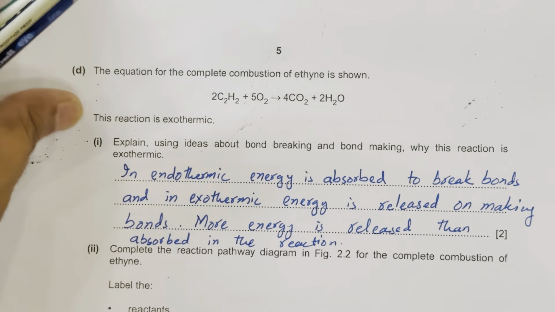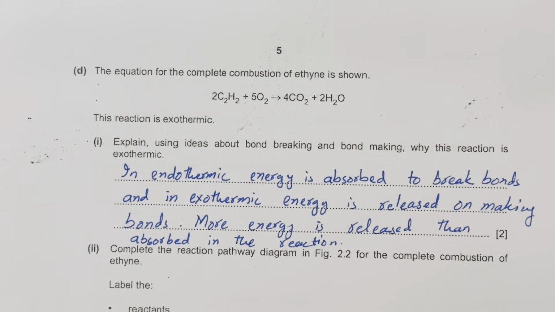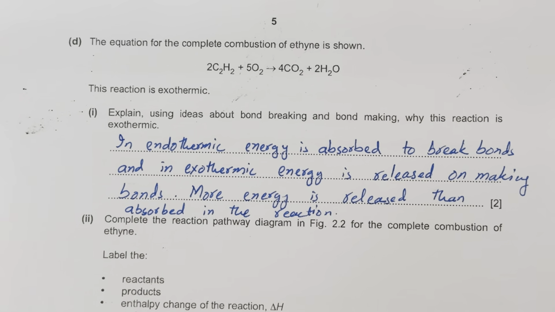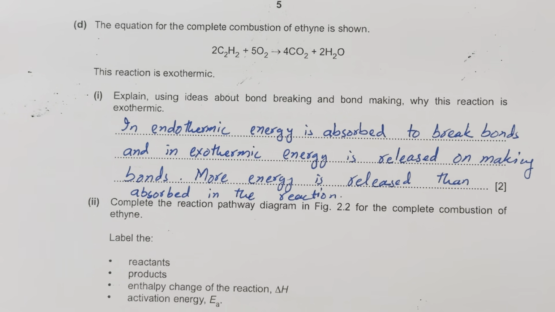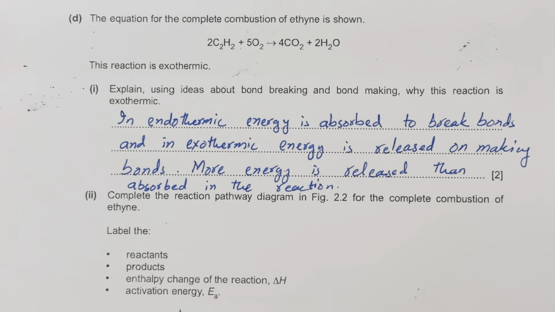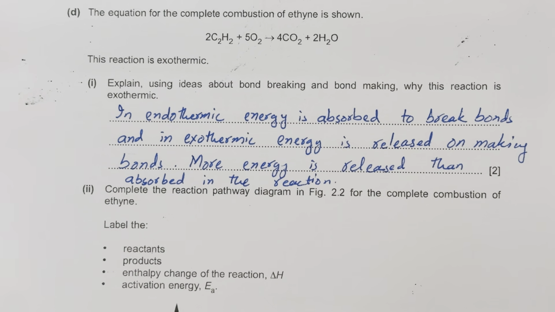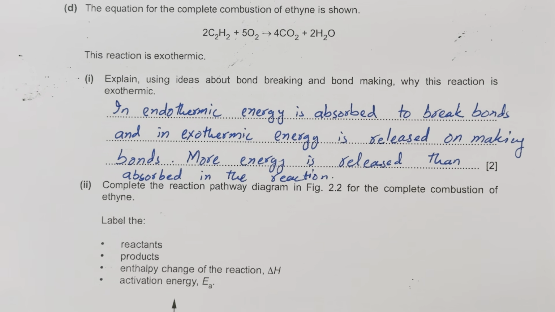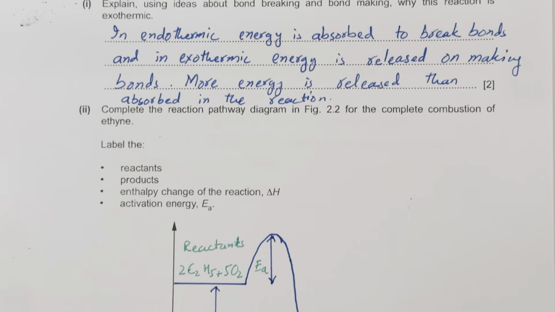Moving to the next part. Complete the reaction pathway diagram in figure 2.2. For the complete combustion of ethyne, label the reactants, products, enthalpy change of the reaction delta H and activation energy EA.